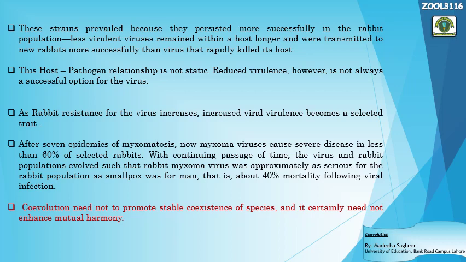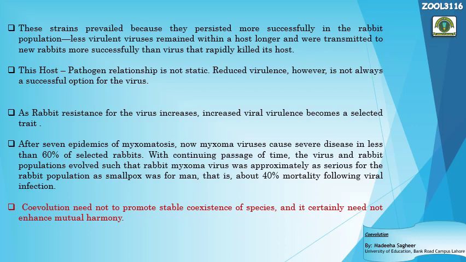Coevolution need not promote stable existence of the species. Coevolution doesn't ever mean that it promotes stable coexistence or a very good relationship between the host and the parasite just because they are coevolving. No, the case is not like this. What is happening is that in some cases of coevolution, especially predator-prey coevolution or pathogen-host coevolution, both species evolve in response to each other.